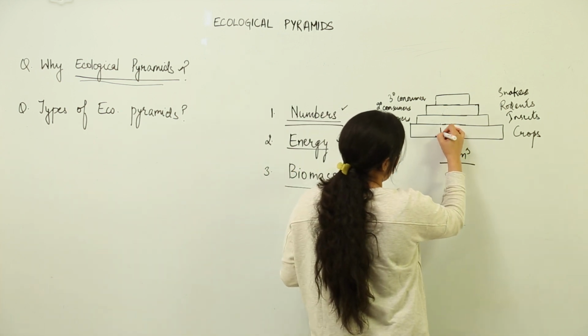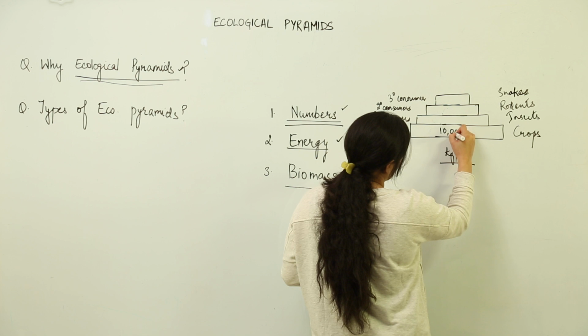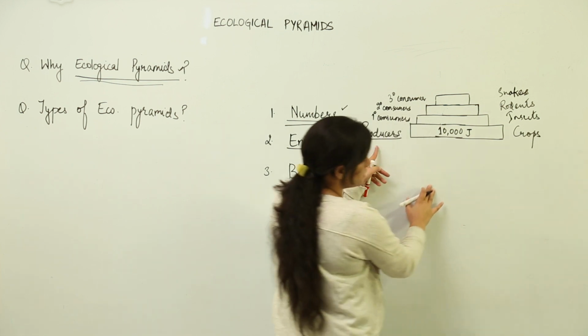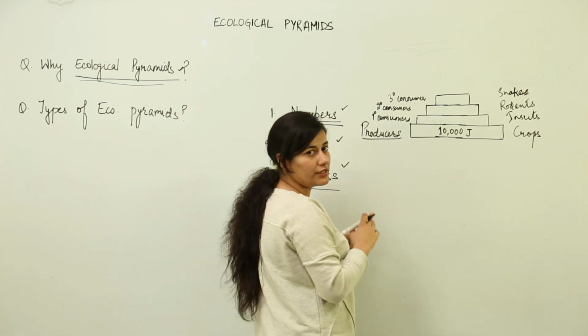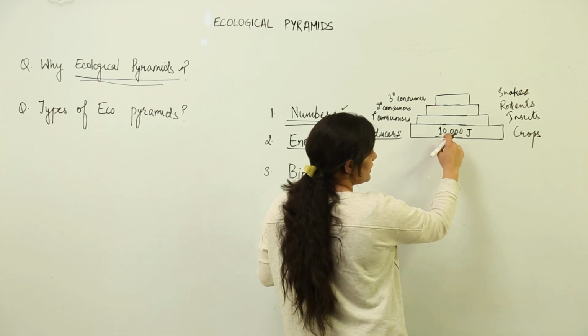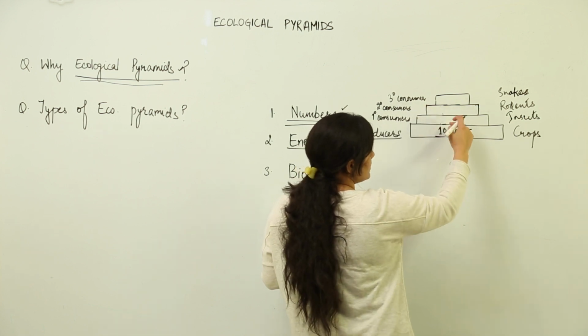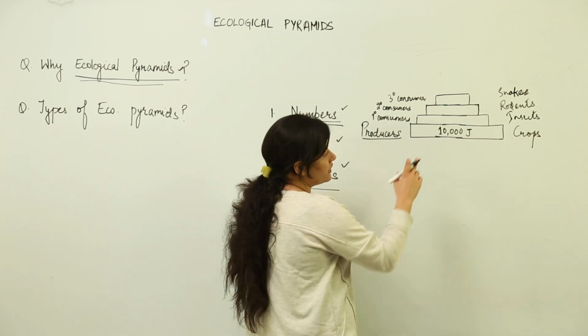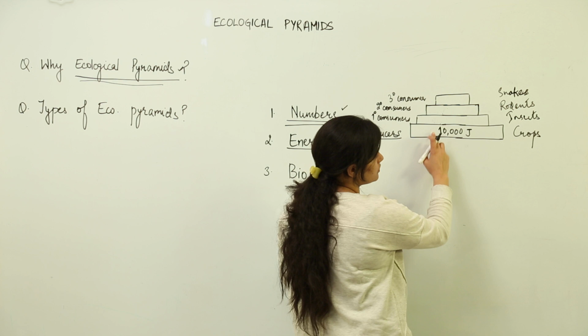So supposedly I had 10,000 joules of energy which is being produced at the lowest level, because this particular level of producers is able to utilize the solar energy directly. So it is going to make 10,000 joules of energy. Now as per the 10% law, the next level is going to get, or it is going to produce the standing crop which would have only 10% of this energy.